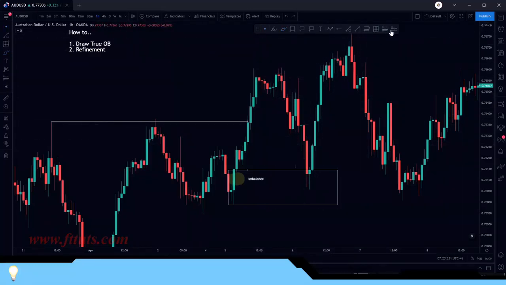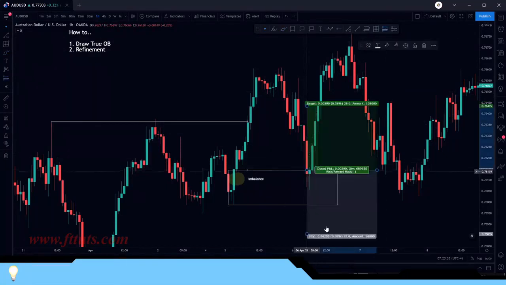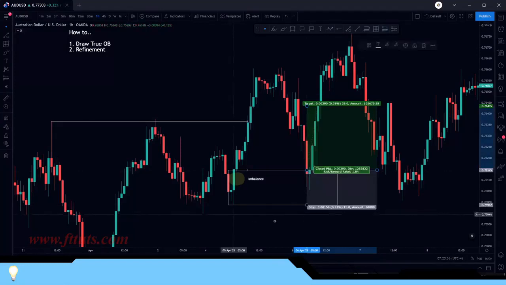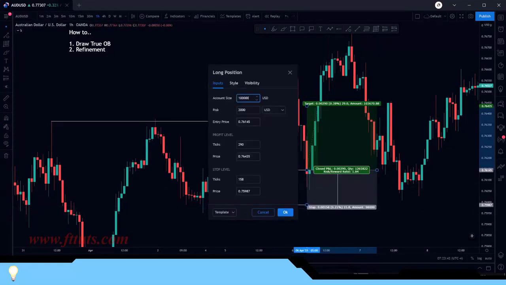So an entry based on this example would have been at the proximal point. Your stop loss would go 2 pips below to factor in the spreads. So this is about 16 pips, so what I'll do is 18 pips.